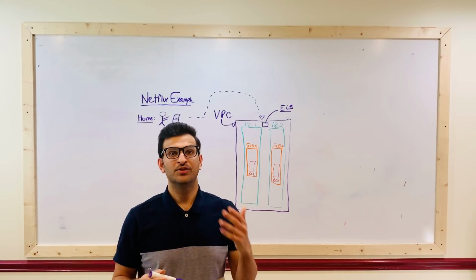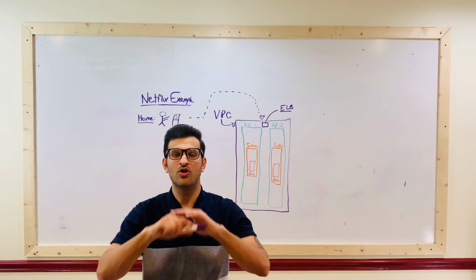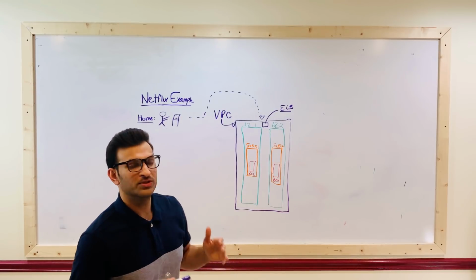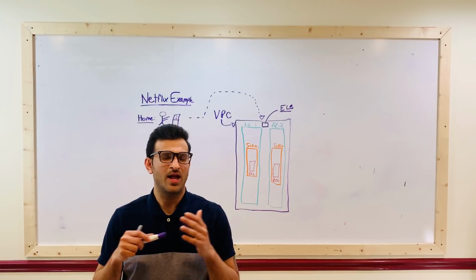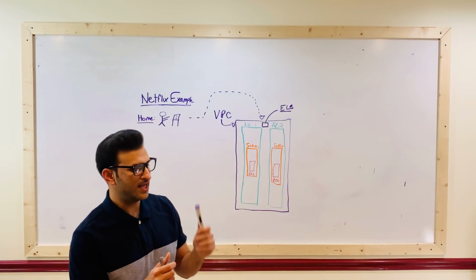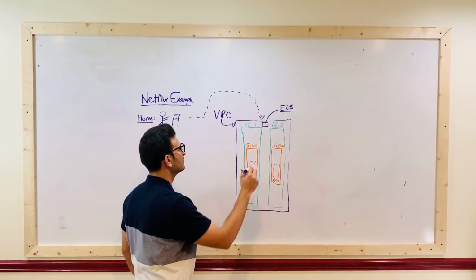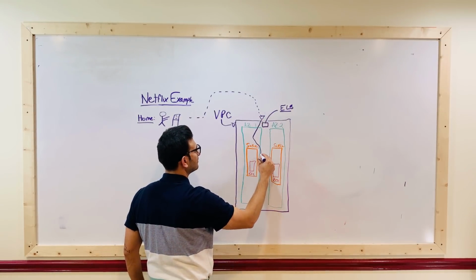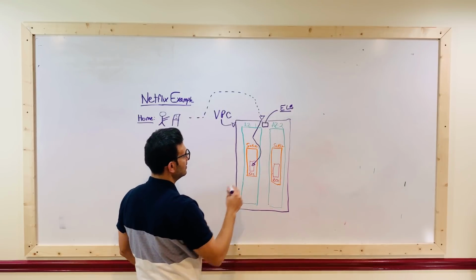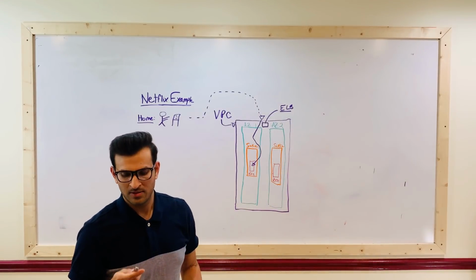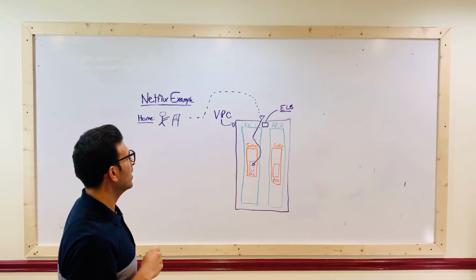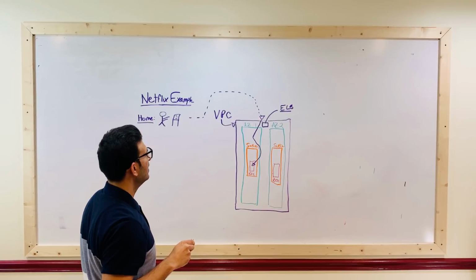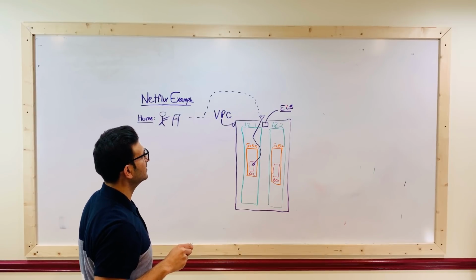So let's say you're the first person on Netflix and there's no one else on Netflix, right? Let's say you're the only person. It will direct it towards either instance, it doesn't matter. Let's just say it directs the traffic towards this instance. So you want to watch a show, you send a request, it goes through the elastic load balancer.